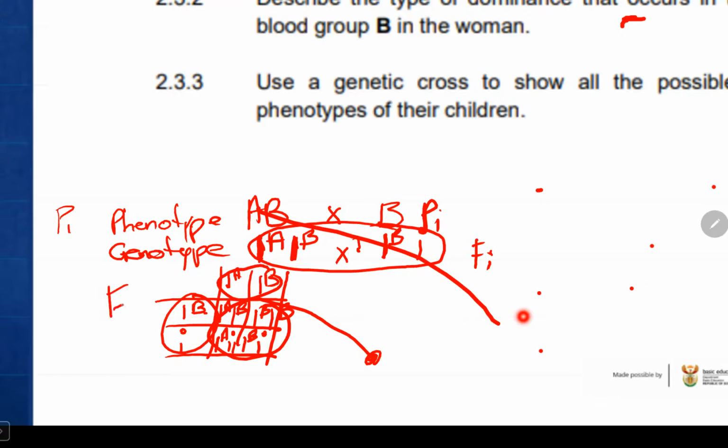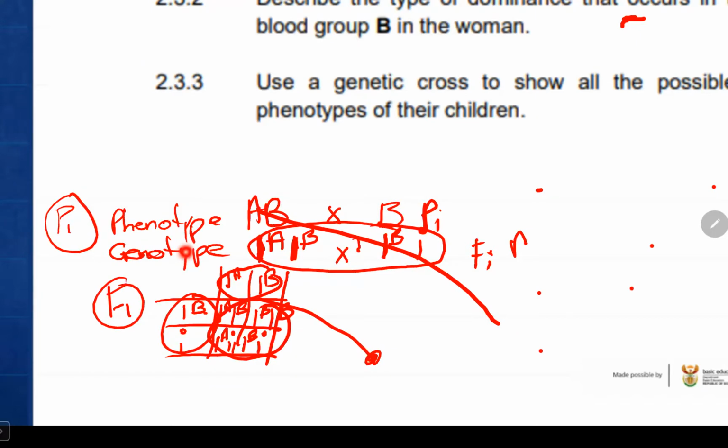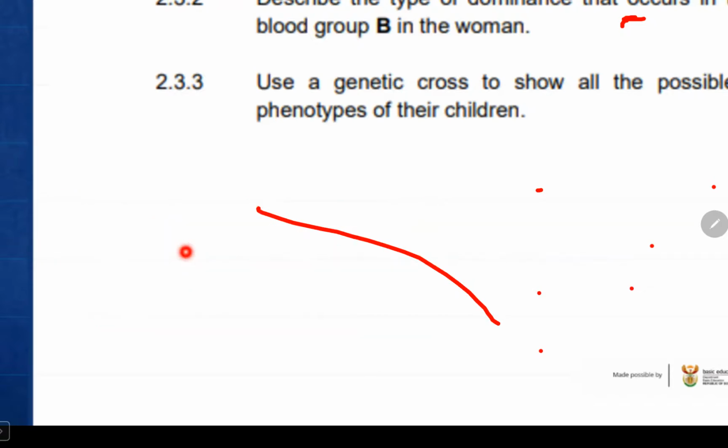This is our children over here, F1, P1. And very, very important, you need to write these two words always, meiosis and fertilization. So there's where your 6 marks is coming from writing meiosis, fertilization.